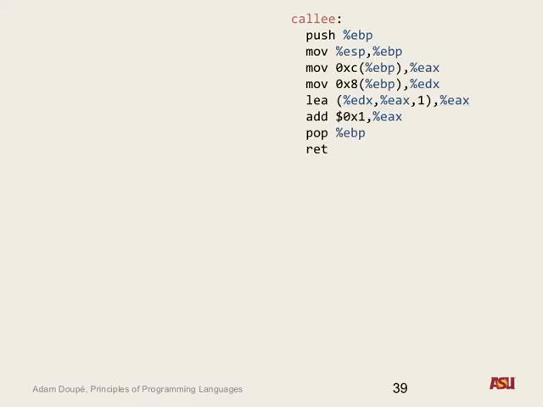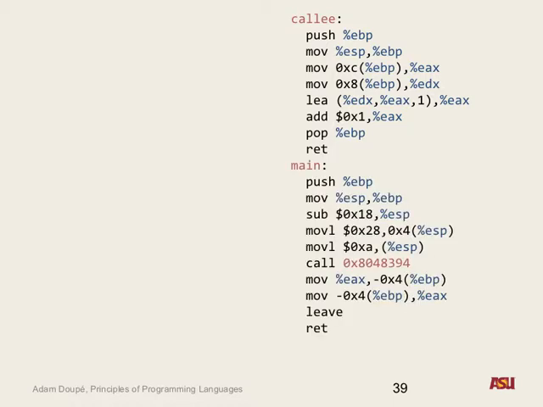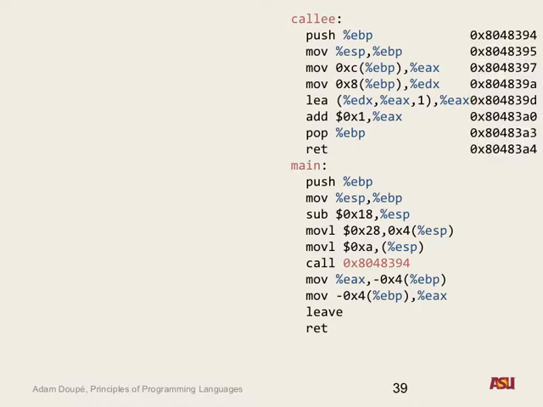Okay, so let's step through this to see how this actually works. We have our call E function, we have our main function, and when the program is compiled, the compiler will write out exactly in memory where the bytes of these instructions should be.